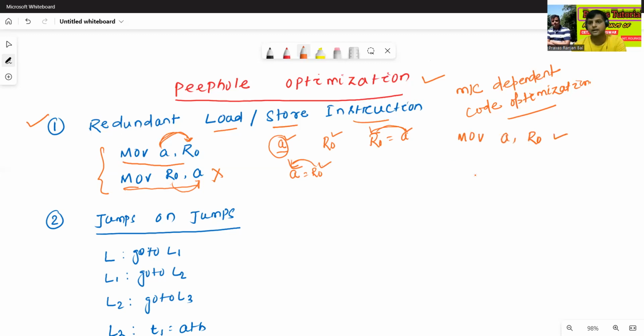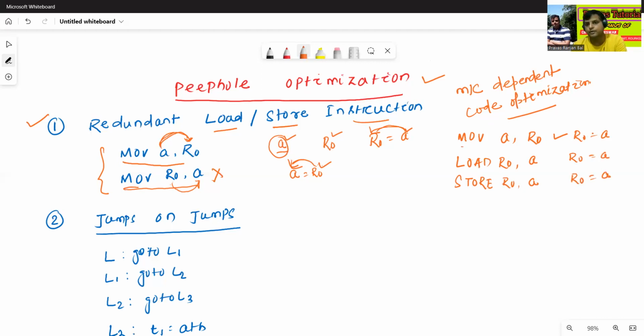Someone has written Load R0 comma A, and someone has written Store R0 comma A. That means R0 equals A in all cases.